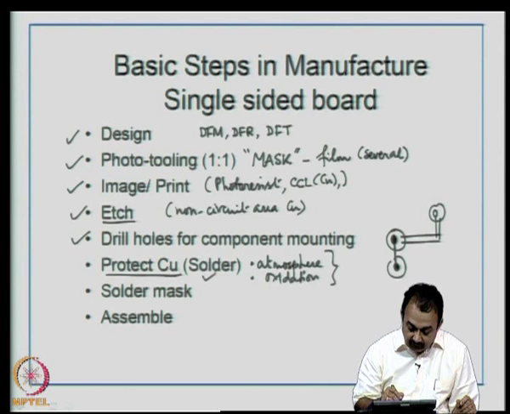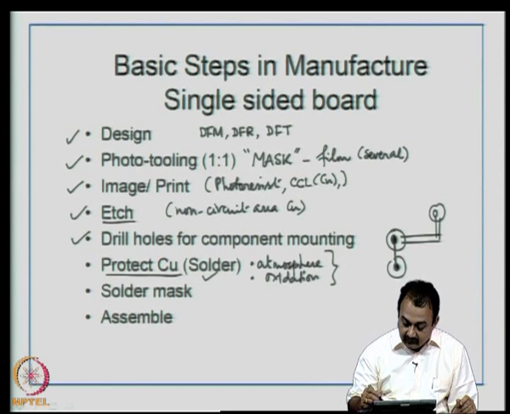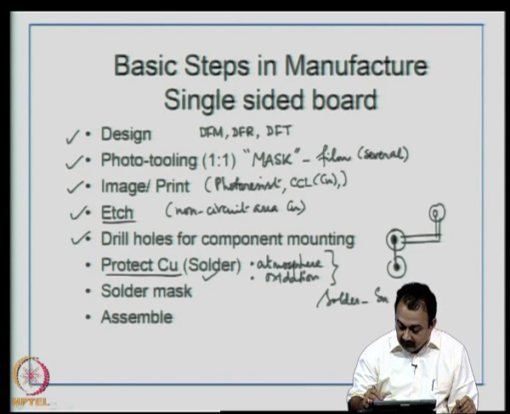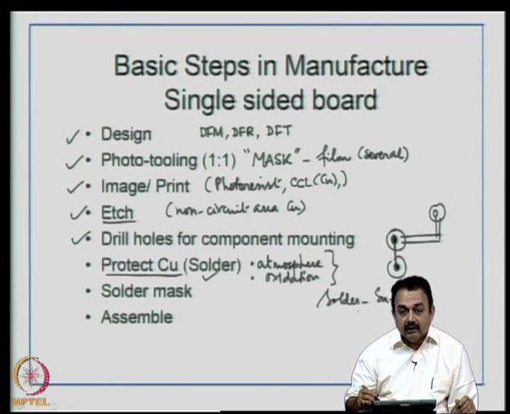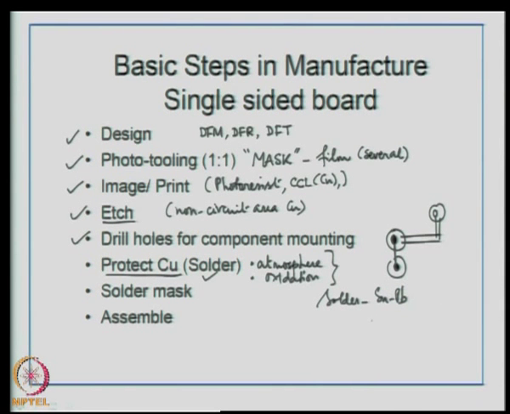You use solder material. In this case, solder material is basically tin, lead. But as I said, today we are in the lead free realm of manufacturing. Therefore, we have to look at alternatives for lead. So, we will come to these aspects much later.